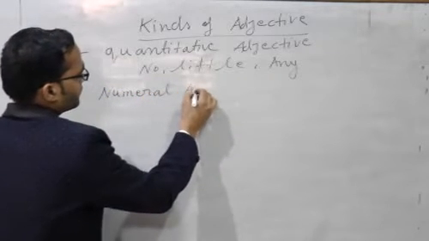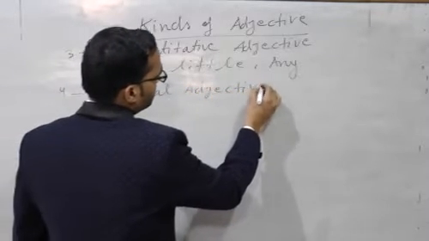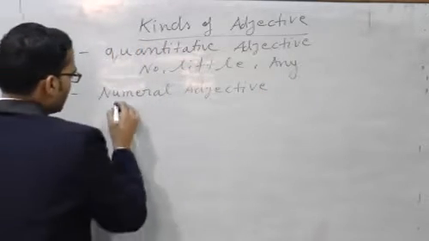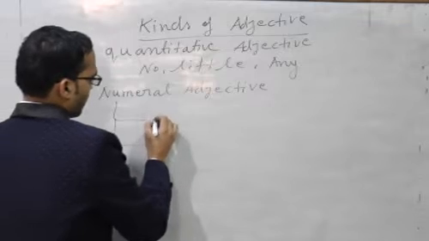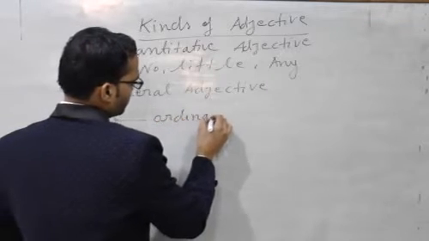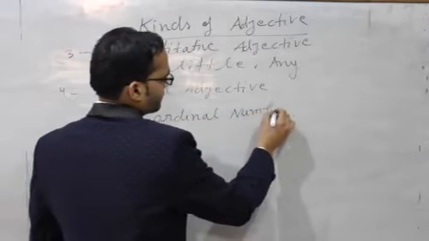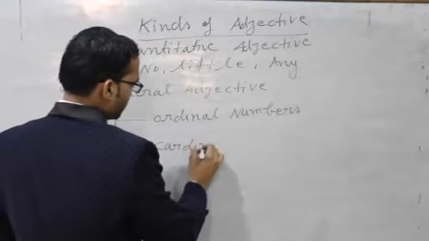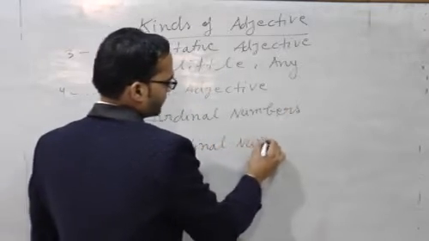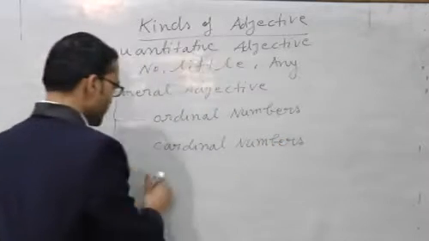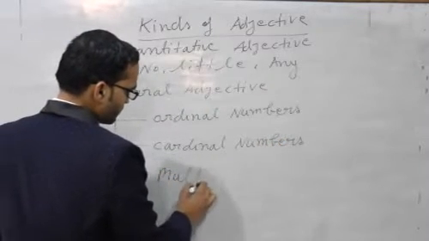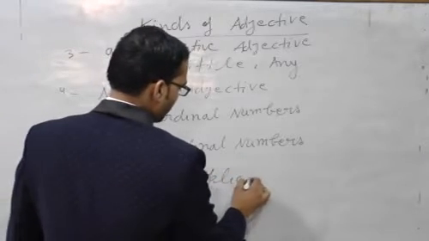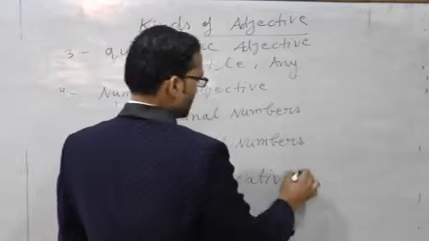Numeral adjective. Basically, numeral adjective can be split into three parts. The first one, ordinal numbers. The second one is cardinal numbers. And the third one is multiplicative.